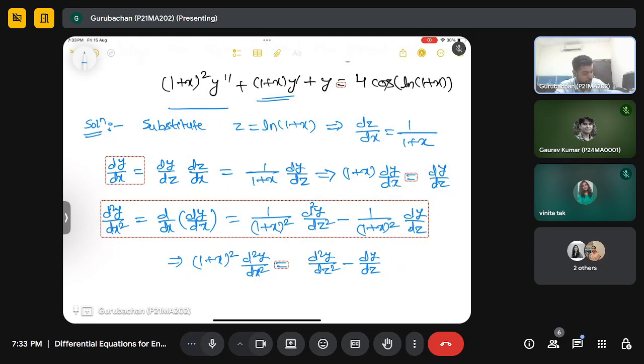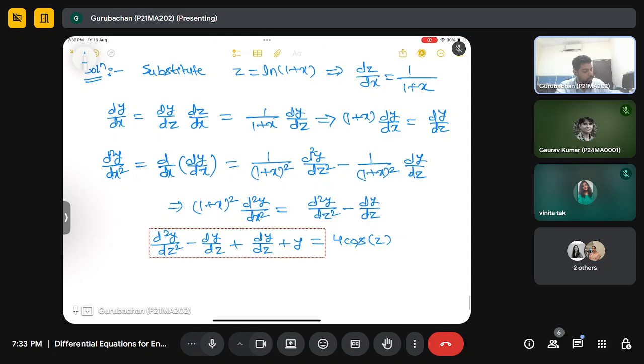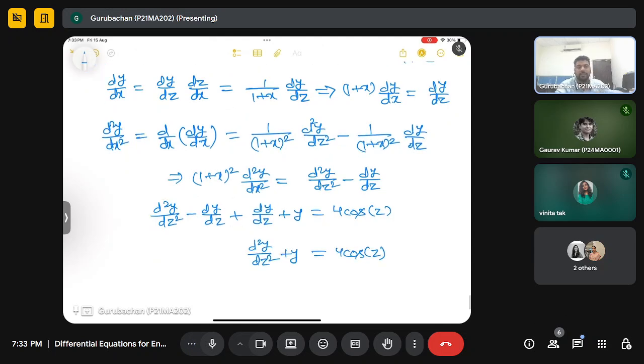It will come out to be d2y by dz square minus dy by dz plus dy by dz plus y is equal to 4 cos z. So this will come out to be d2y by dz square plus y equals 4 cos z. Clearly, this is a second order linear non-homogeneous ODE with constant coefficient.